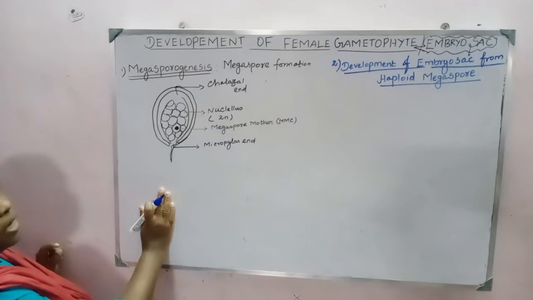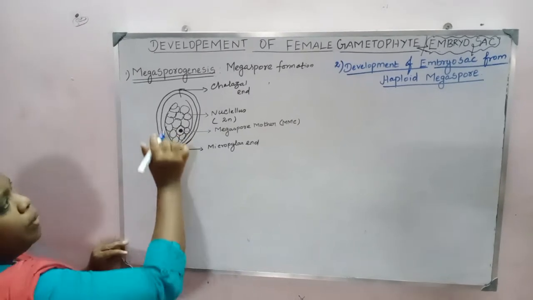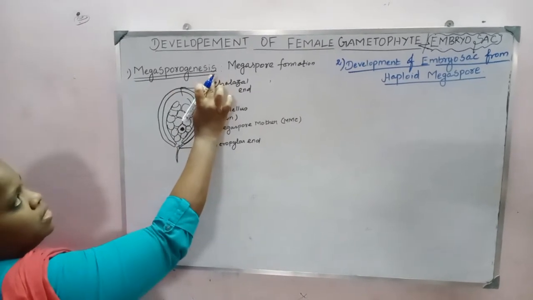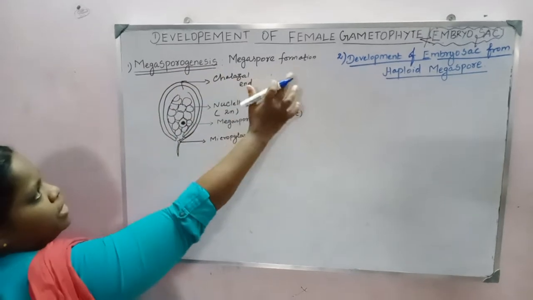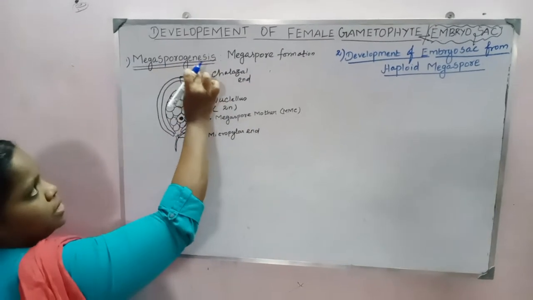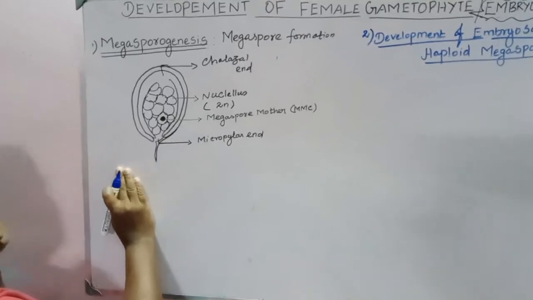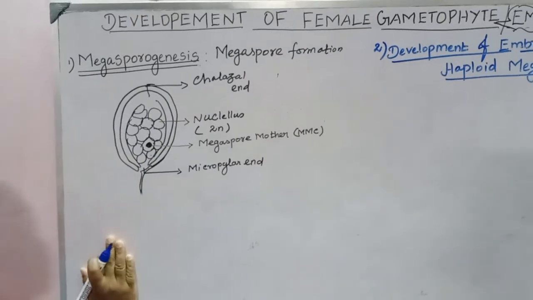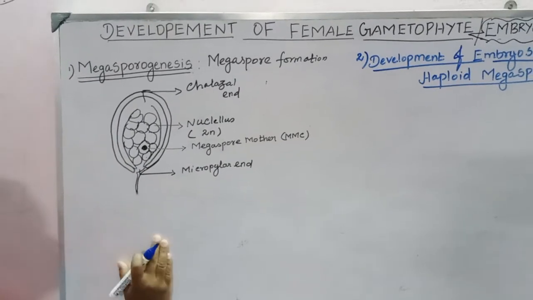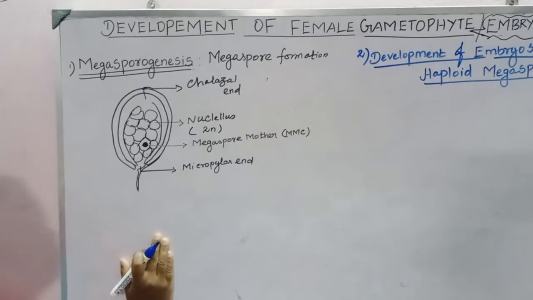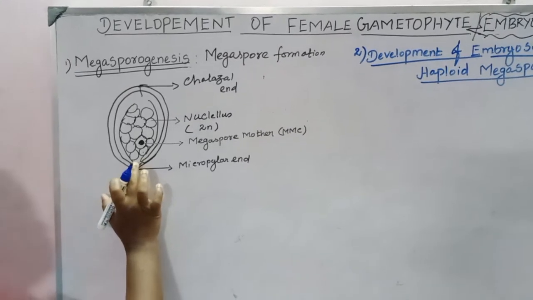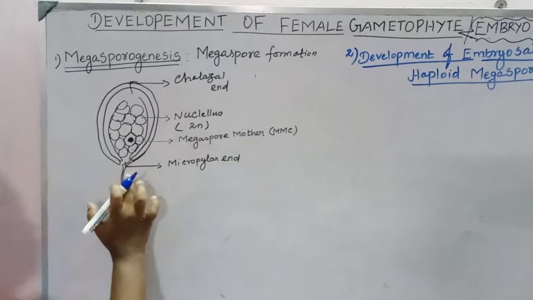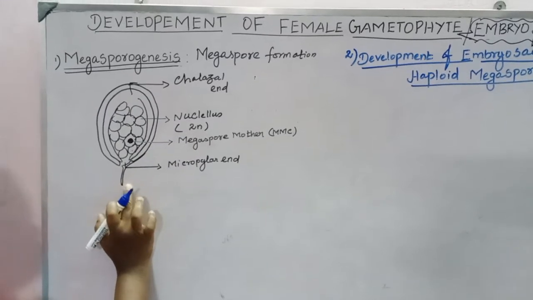The first, megasporogenesis. Megasporogenesis means megaspore formation. See how and where megasporogenesis occurs. In the previous video we discussed the anatropous ovule and its structure.